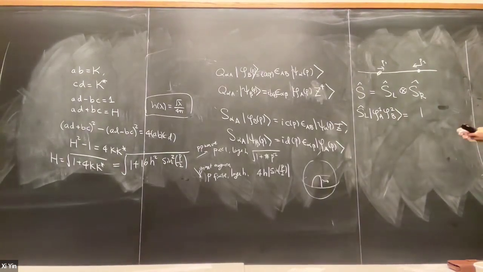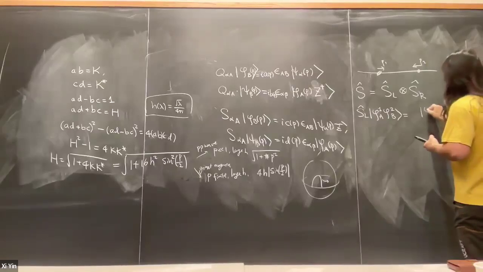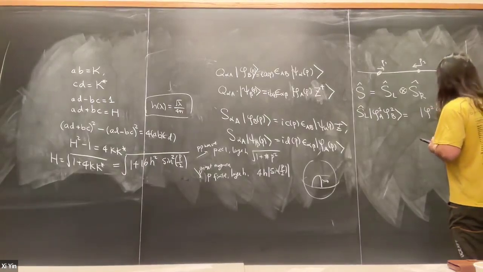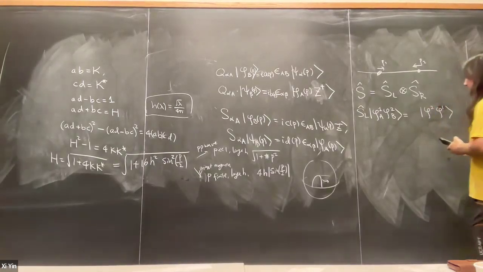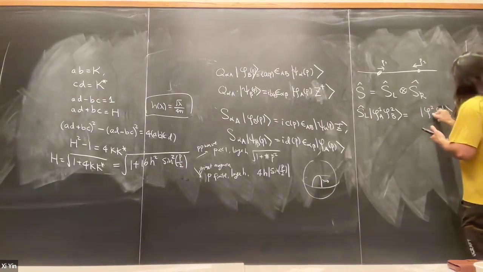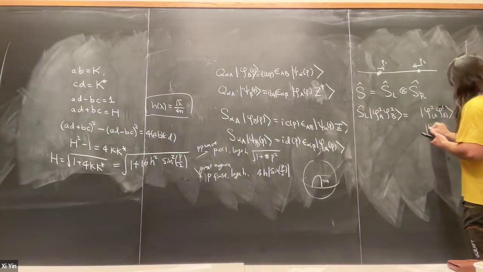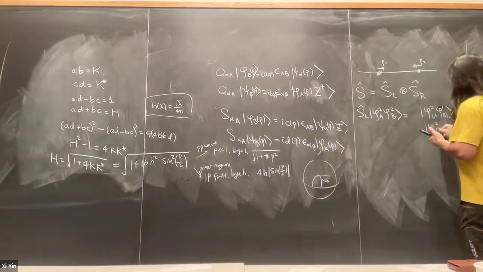I'm not going to keep writing the P1 and P2. And when they scatter, think of this as them crossing each other, phi 2, phi 1. And there are different ways you can arrange the indices. So let me say there's a term with AB symmetrized. There's a term with AB anti-symmetrized.